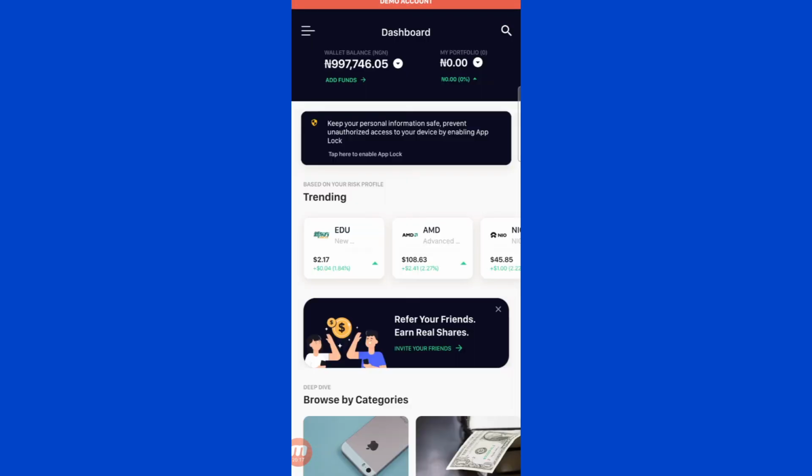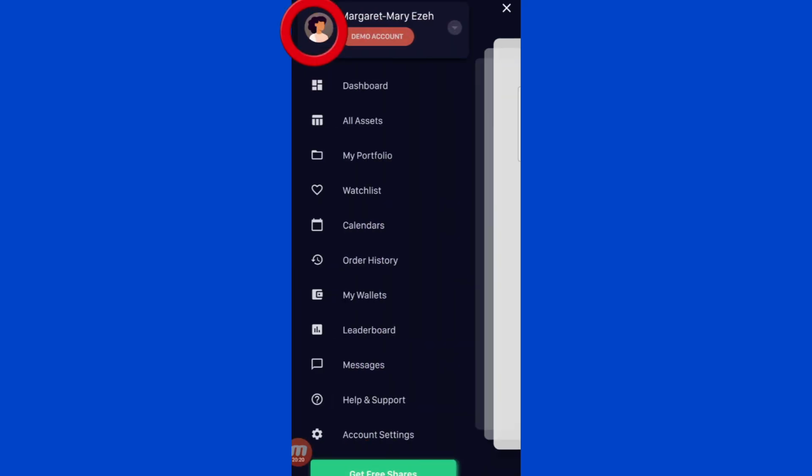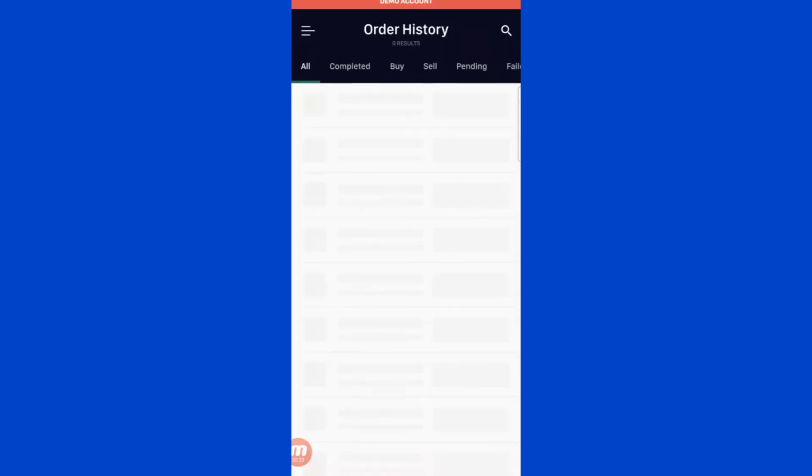Let's go back. The next page we're going to go to is we're going to click on these three lines here and quickly go to order history. And as you can see here, you can see our order history. We literally just placed orders to purchase both Apple and Zenith stocks, and they're currently still processing.